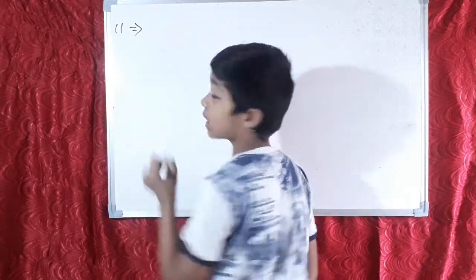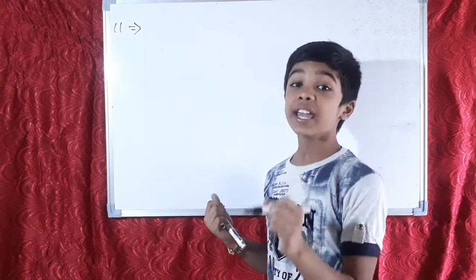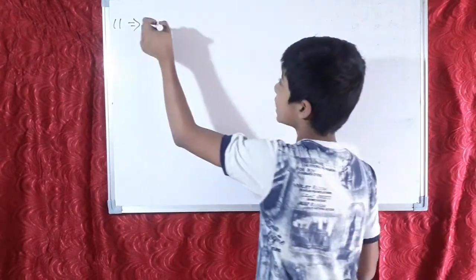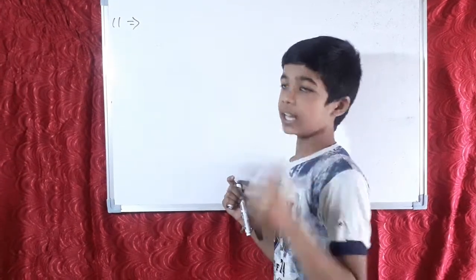A number is divisible by 11 if the difference between the sum of its odd place digits and the sum of its even place digits is divisible by 11.